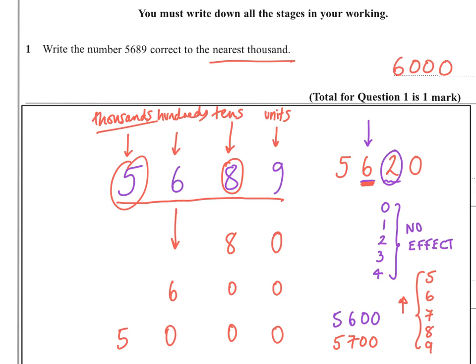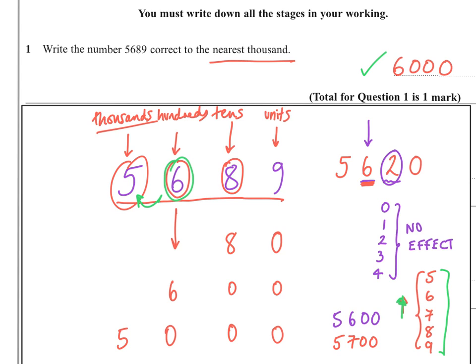So can you see now that if I look at this number here, I'll change the colour so you can see it clearly. This number here, well, it's in this category, isn't it? So it's going to have an upward effect on this number here, and that's why I wrote the answer 6,000. It's the same for decimal places as well.